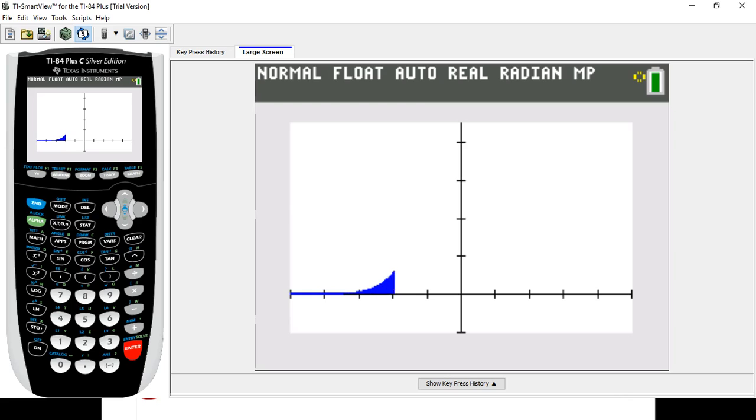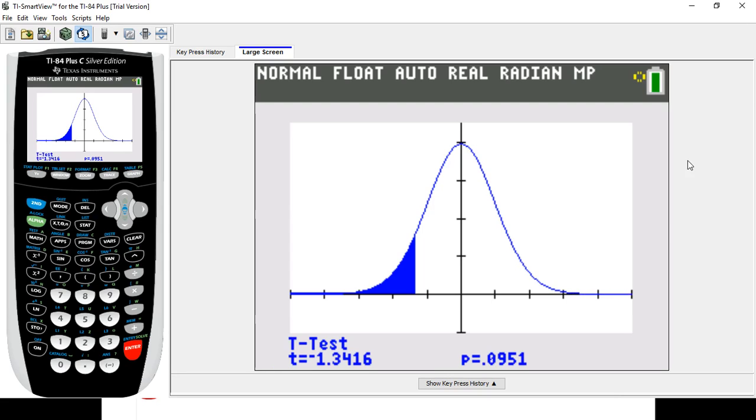So here it's being drawn for you. It looks like a normal curve, and then they shade to the left because it's a less than sign. And once it finishes drawing, see how it gives you your t and your p-value, which is all you need. It's negative 1.34, so that's why it's at negative 1-ish, and then your p-value.